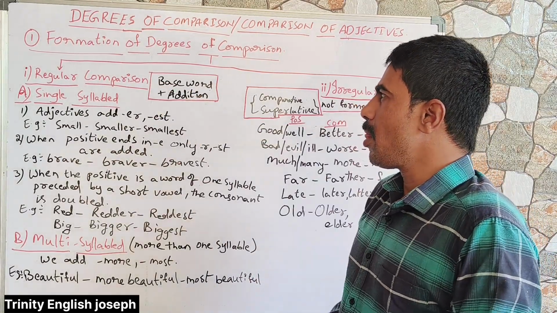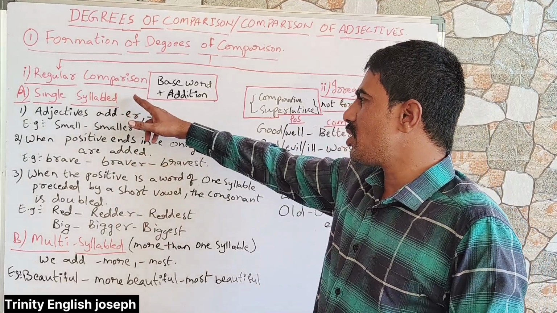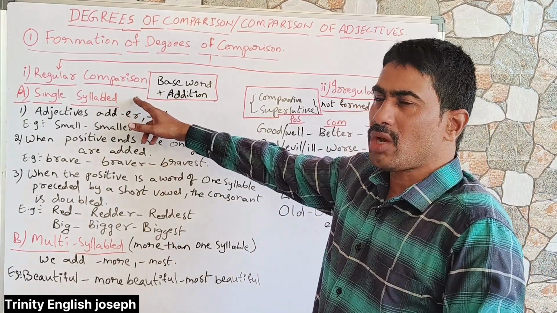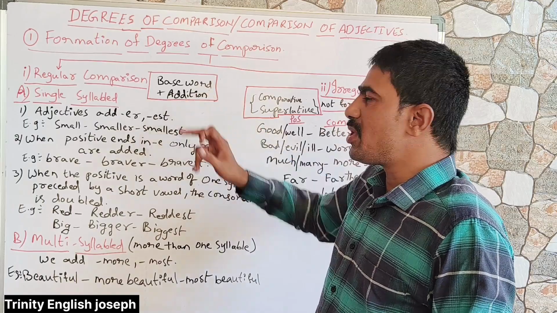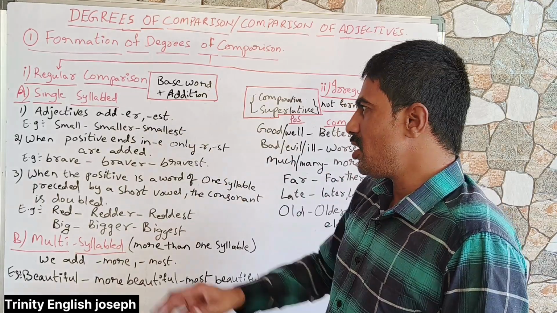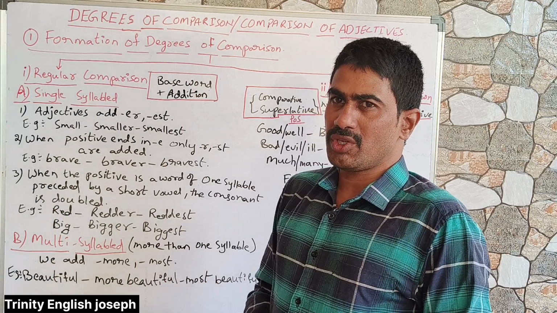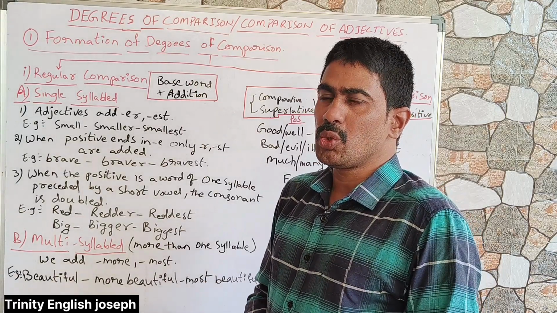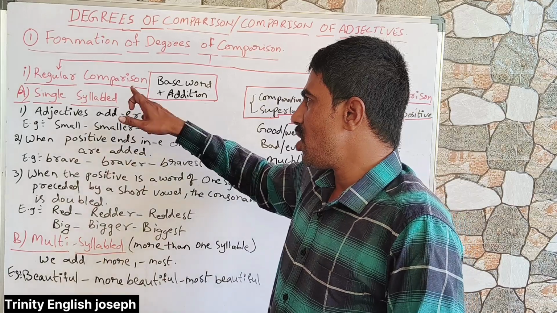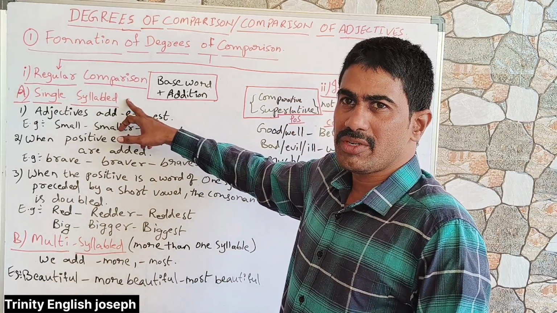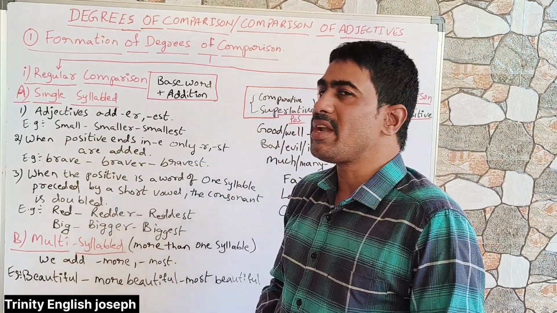As I already told you, regular comparison or regular formation talks about the base word plus an addition to it. Here, the regular comparison or regular formation is again divided into two different divisions. First one is single syllabled and the other one is multi-syllabled.